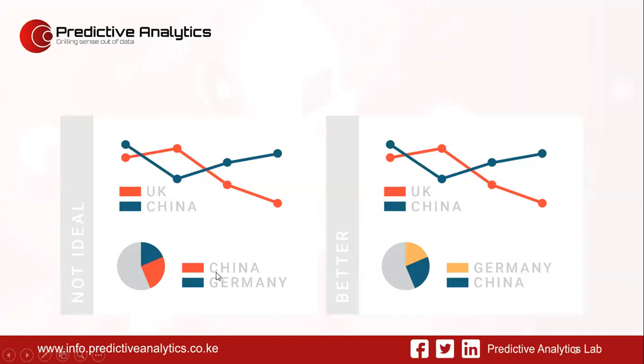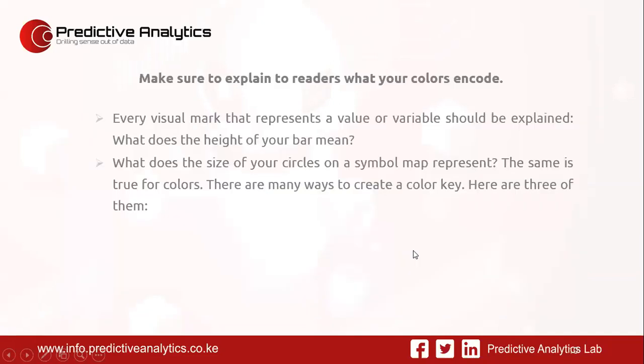Yet down here, China, you've changed it to red. So this becomes confusing to the eye. So instead, you leave red to UK and then China blue. Then when you go to another chart, you see here you picked China as a dark blue, so you keep it as a dark blue for China. And then Germany, you give it another color. This is another variable, so you give it another color.